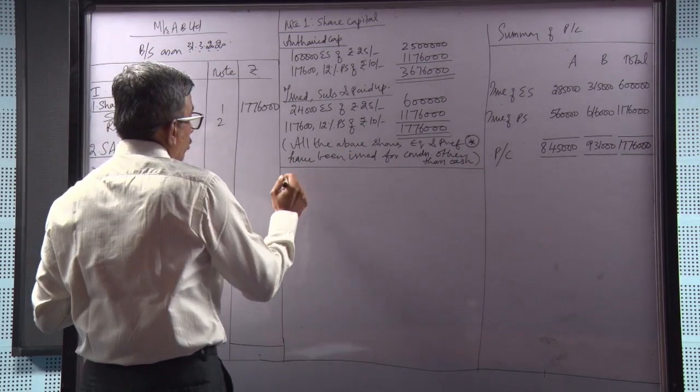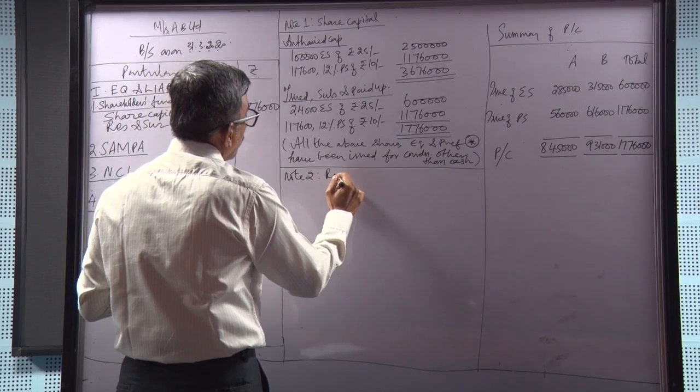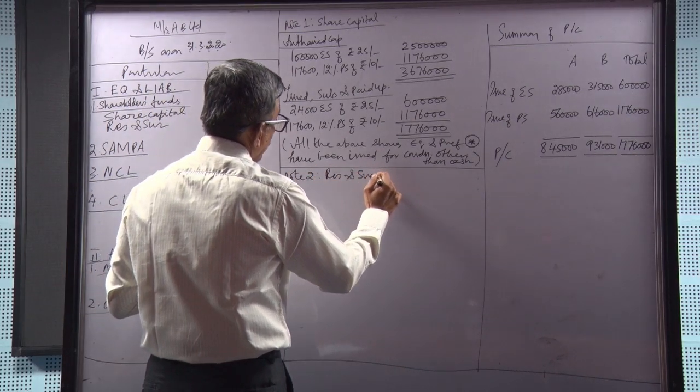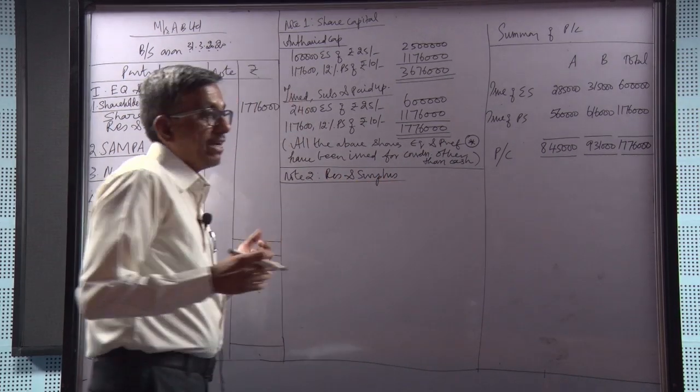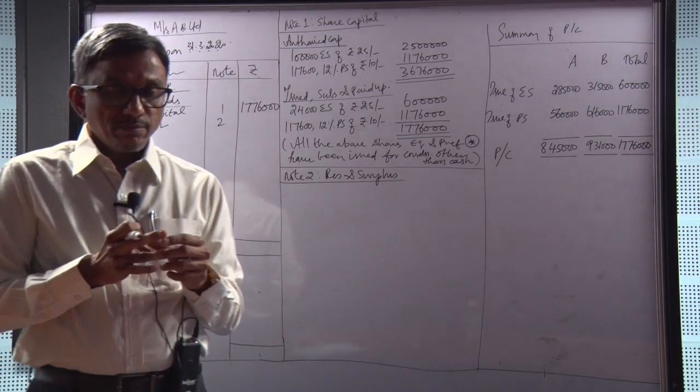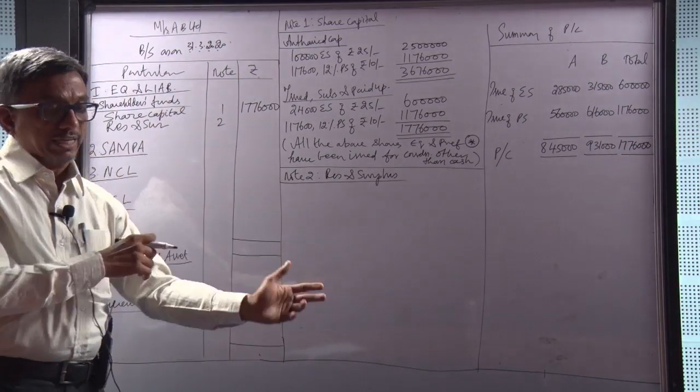Next, note number 2, reserves and surplus. See, AB Limited is a new company. Will there be any reserves? There is a possibility, because this is an amalgamation in the nature of purchase.